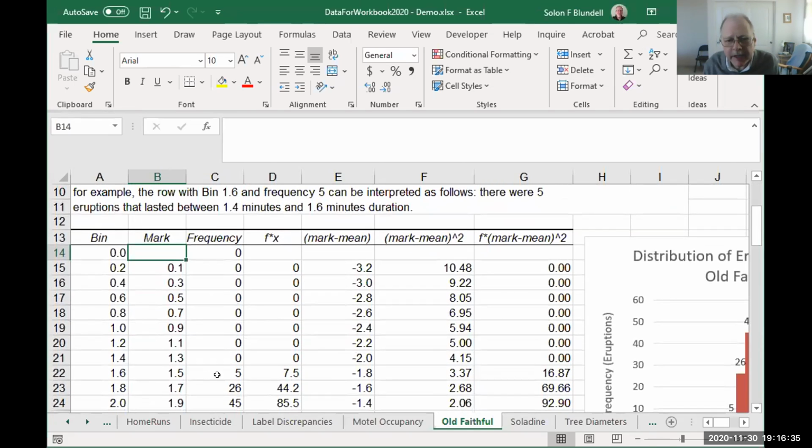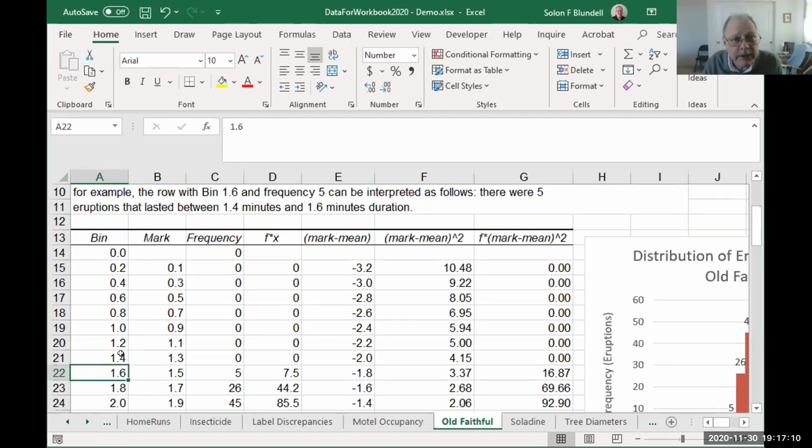Okay, so if you look down here, let's look at this one, the 1.6 bin, has a frequency of 5 eruptions. So what this means is that there were 5 times out of those 299 eruptions where the eruption lasted somewhere between 1.4 minutes and 1.6 minutes.